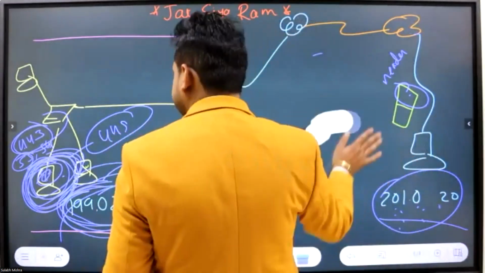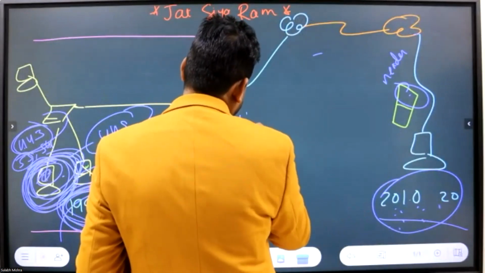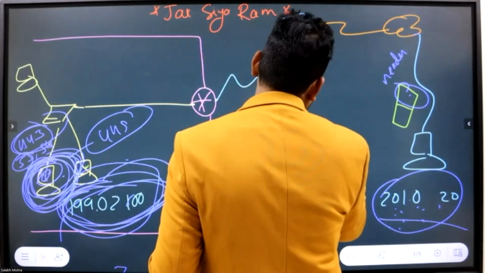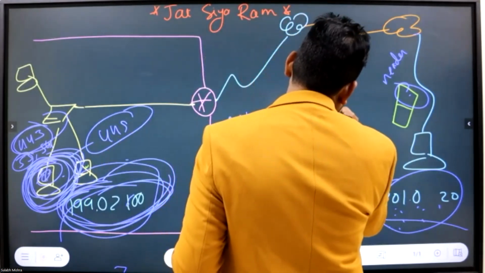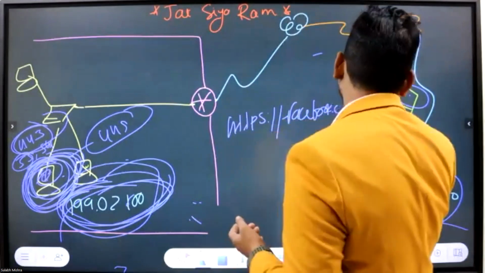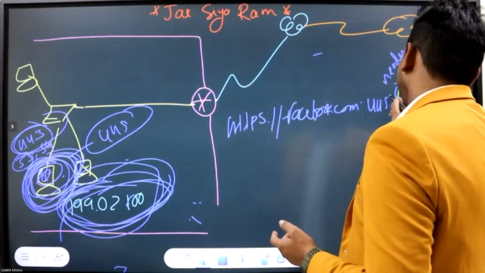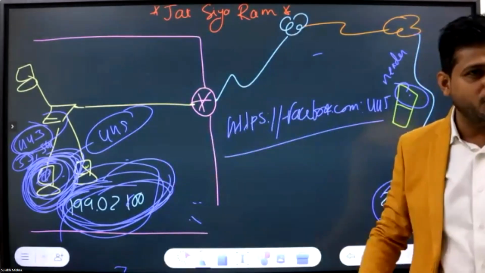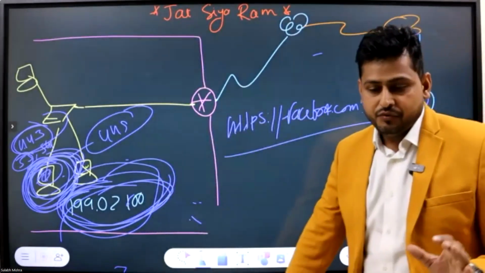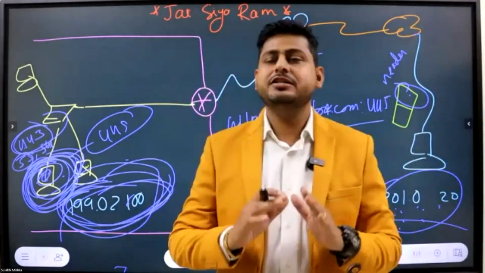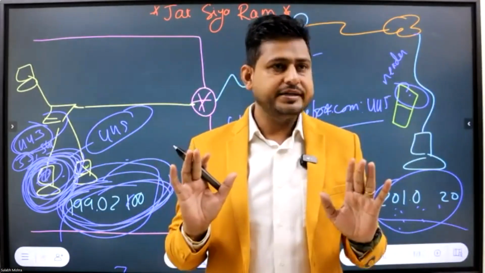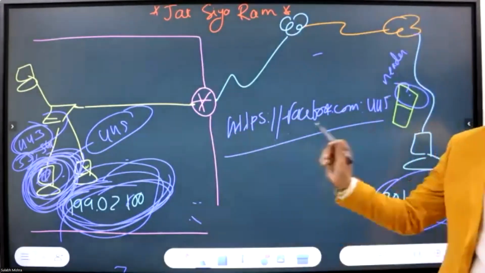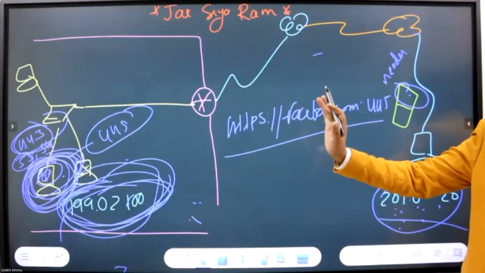For example, the website is https, but you have used a different port number 445, then you write https://facebook.com:445, like this. If you are using a port number other than the standard port number, you have to write it, because for some specific services, INA has standardized the port number. The HTTPS port number is 443.